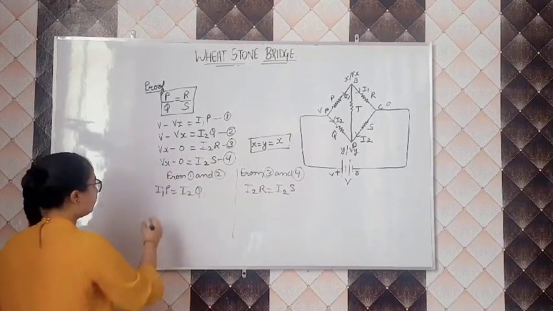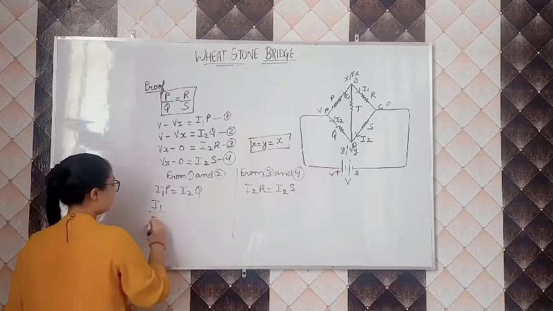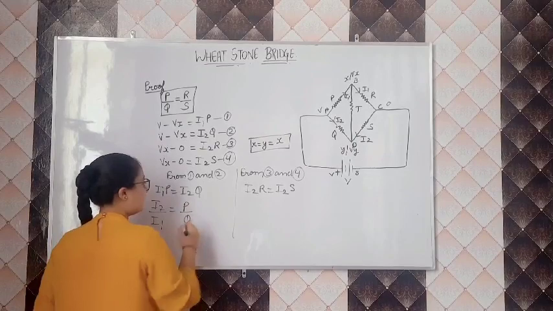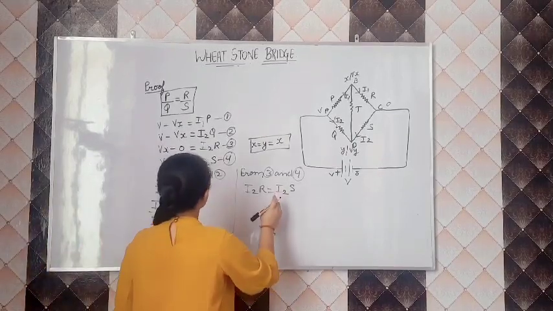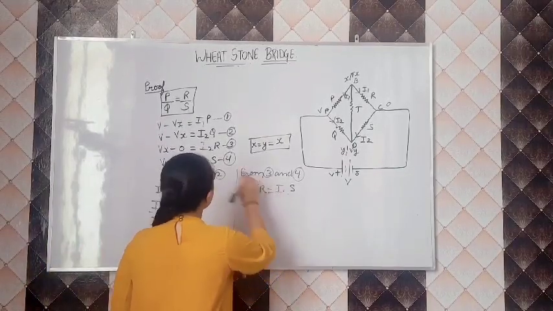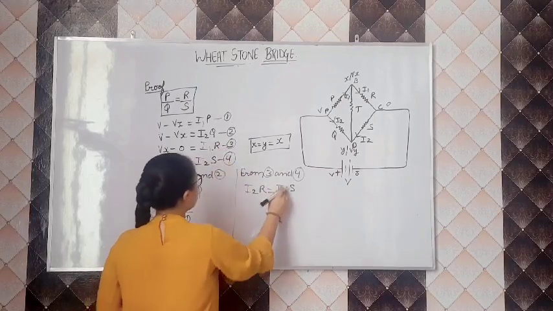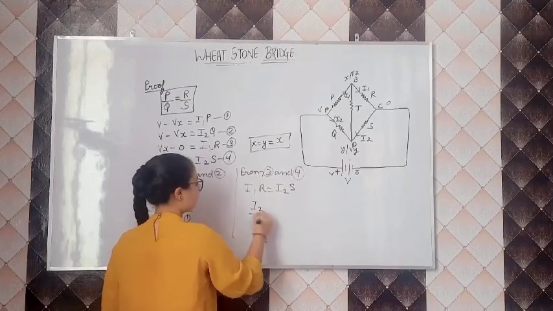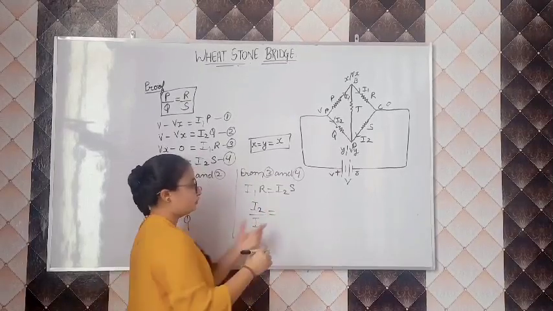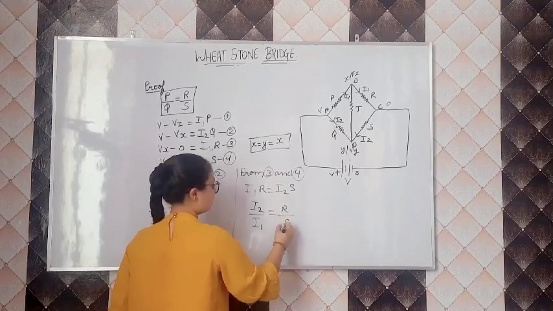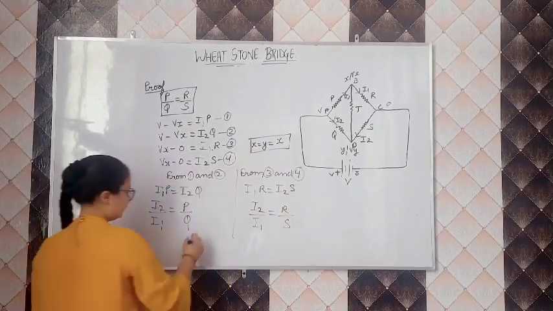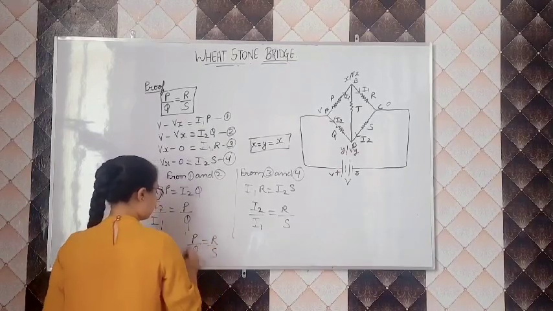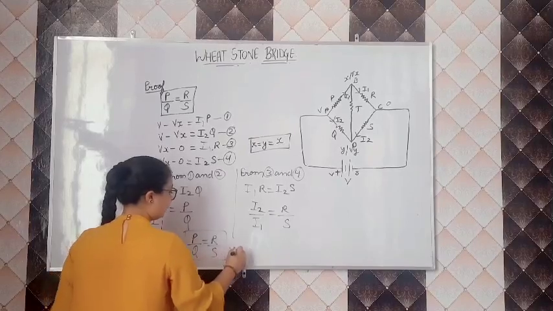Therefore I2 by I1 is equal to P upon Q, and from the other pair I2 by I1 is equal to R upon S. Therefore we can say that P upon Q is equal to R upon S. Hence proved.